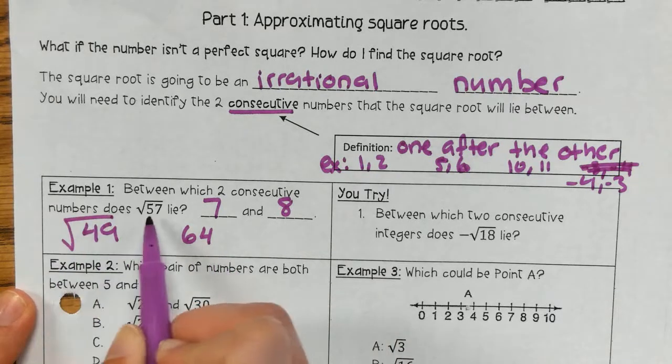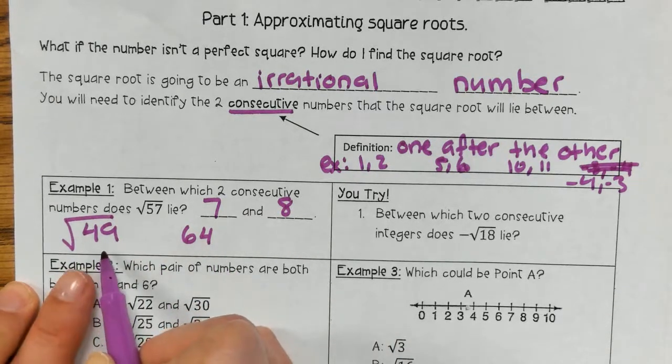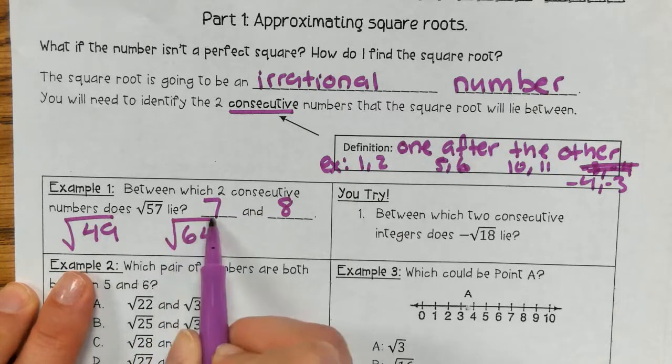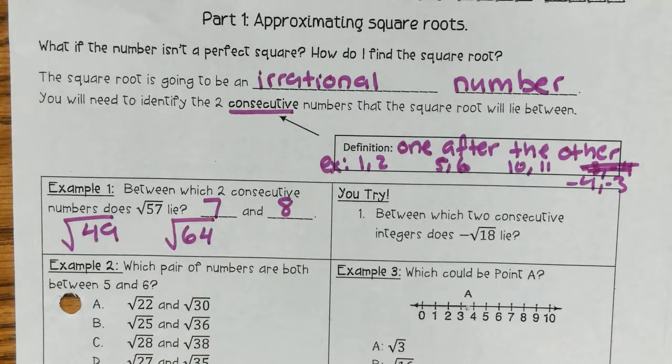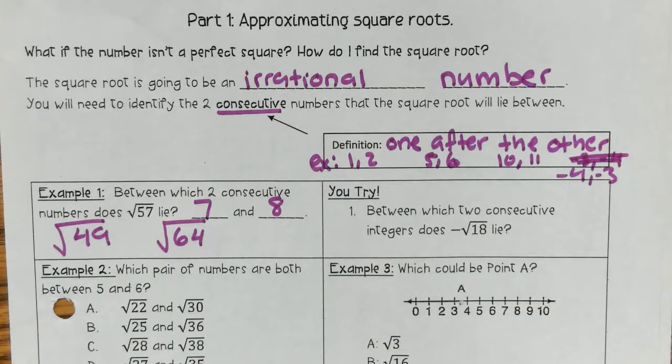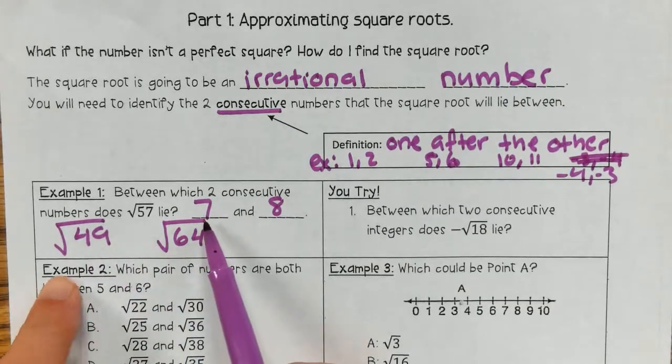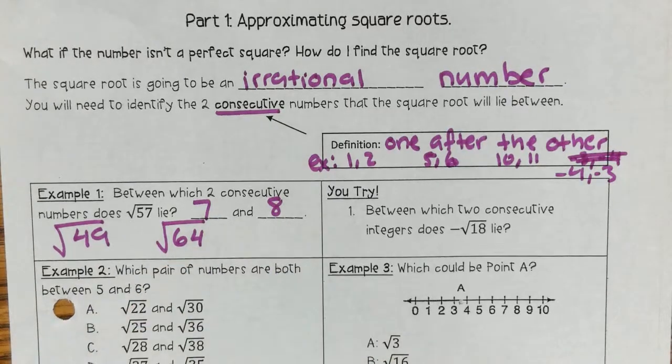So the square root of 57 will be a little more than the square root of 49 and a little less than the square root of 64, because 57 is between 49 and 64. So the square root of 49 is 7, the square root of 64 is 8. So you find the perfect square that's a little below and a little above that number. That's all you have to do.